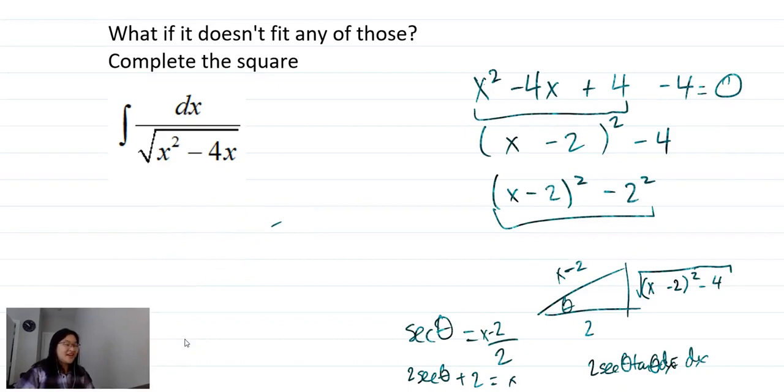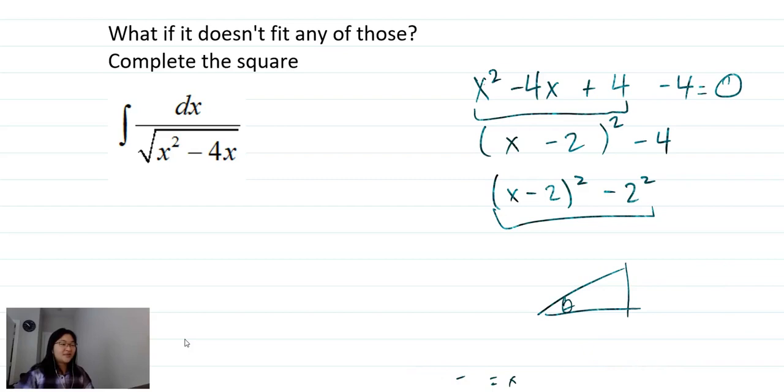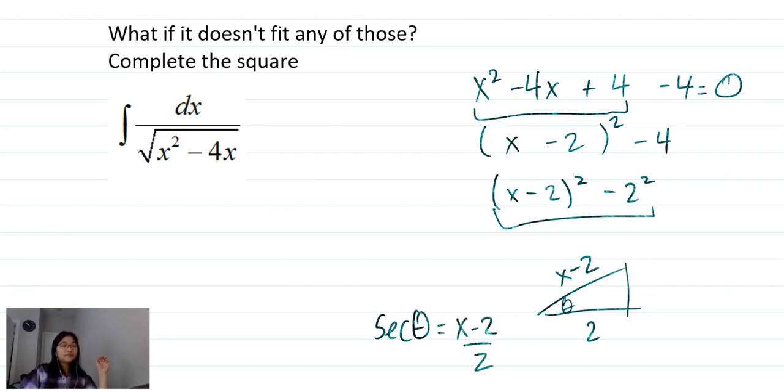Okay, so we have this as our triangle, where we have theta and we have our x minus 2 as that side, our 2 as this side down here, from our secant pattern, where secant theta is x minus 2 over 2. So that gives us this unknown side is root of x minus 2 squared minus 2 squared, which is 4. And that is what's over here.